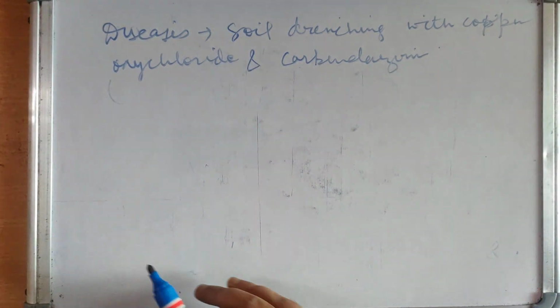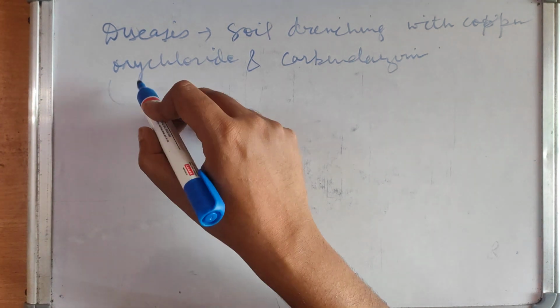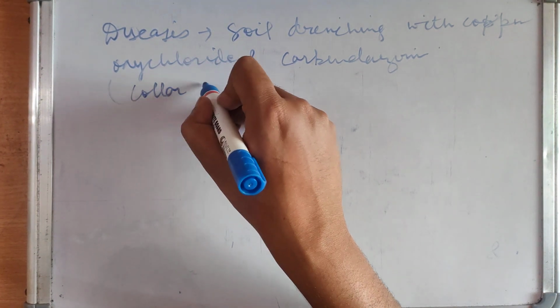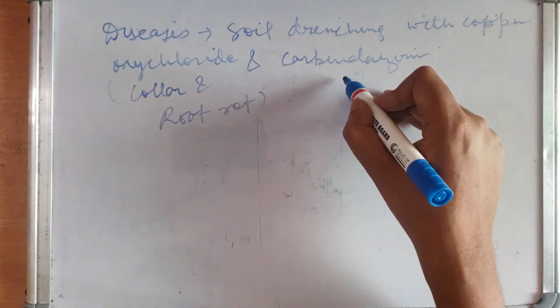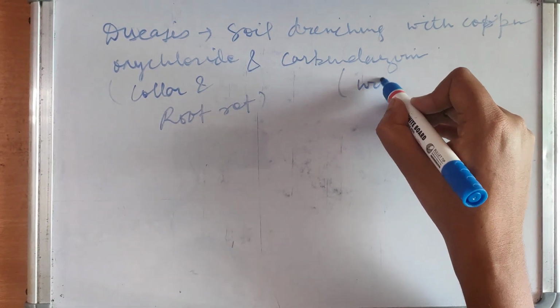Copper oxychloride should be used for collar and root rot, and carbendazim should be used for wilt.